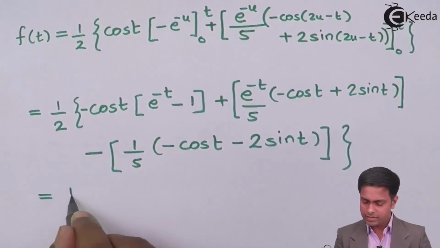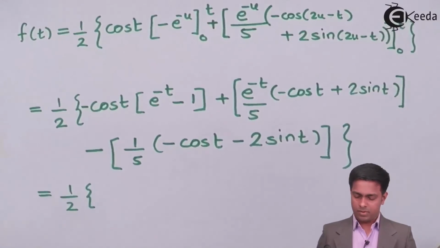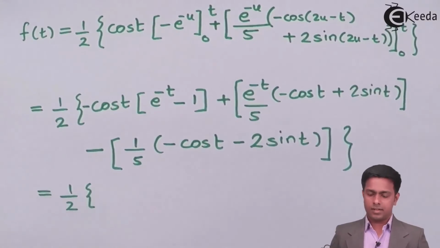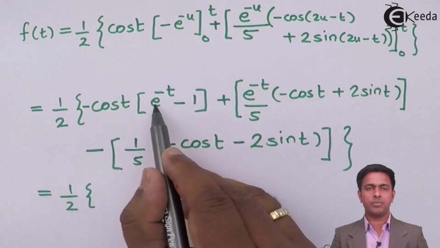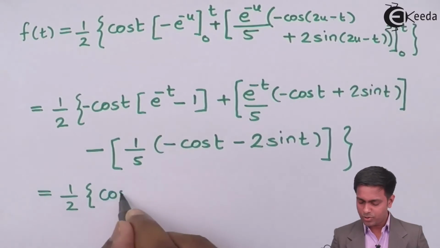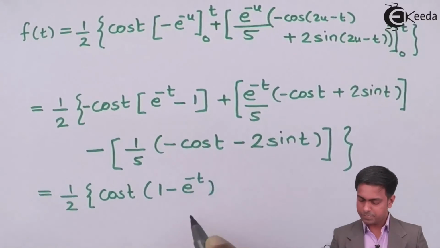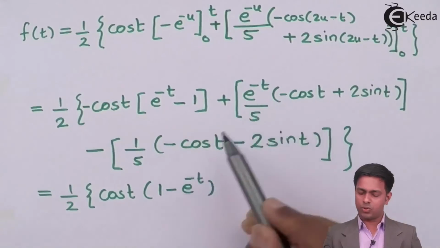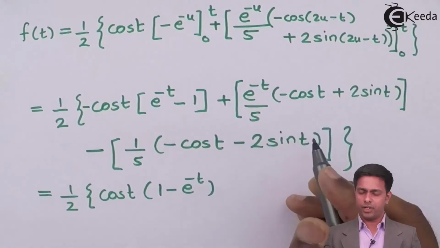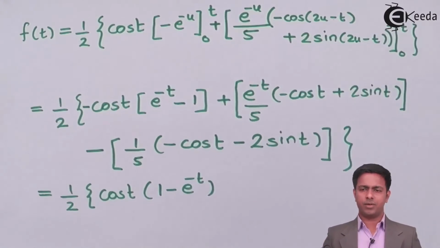So half as it is. This negative sign I'll take inside, so 1 will become positive, this will become negative. So cos of t as it is, 1 minus e to the power minus t. From these two terms, first of all we'll take this negative sign inside and then we'll take the terms common.